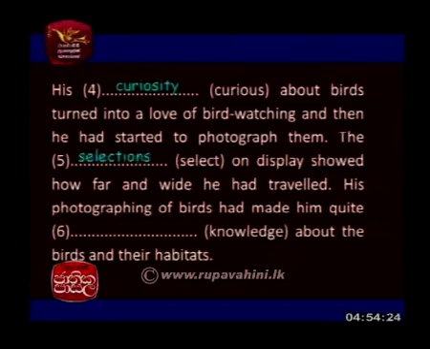Then you need a noun there. So the word is select. What is the noun you can form out of this verb? The selections on display showed how far and wide he had traveled. His photographing of birds had made him quite, now again, quite is an adjective, so you need knowledgeable, knowledgeable, about the birds and their habitats.